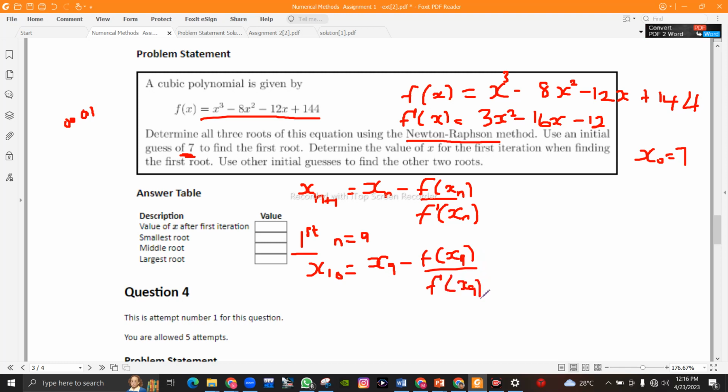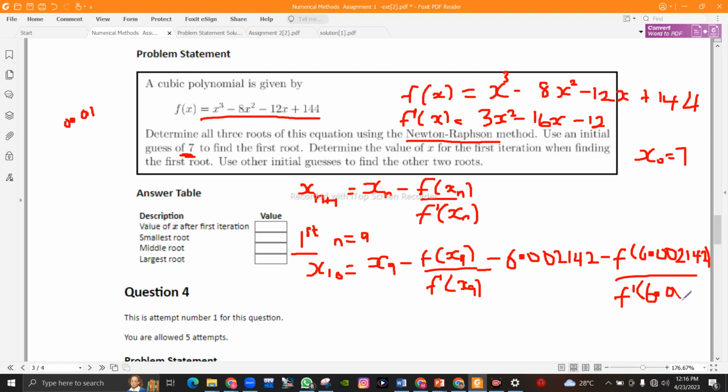What do you get for our x9? That's 6.002142 minus f of 6.002142 divided by f prime of 6.002142.